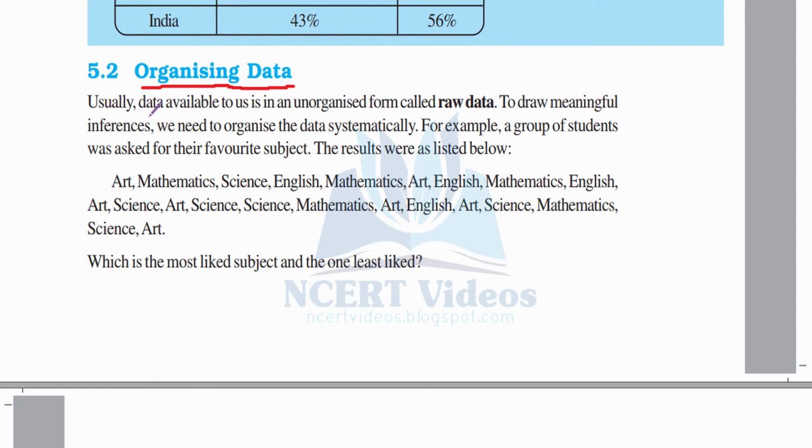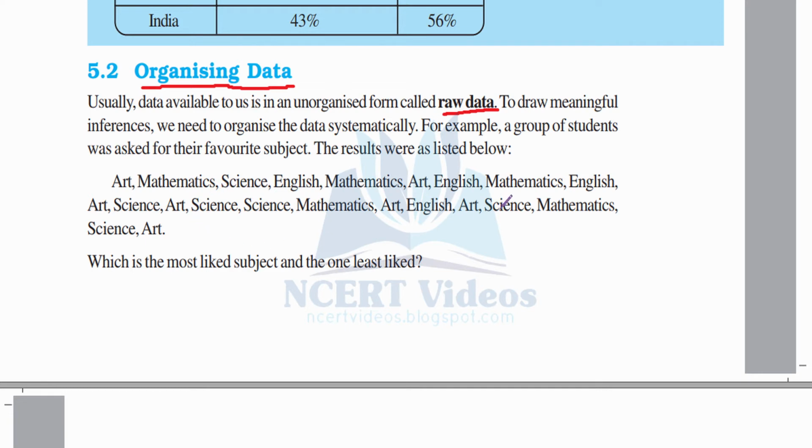It says that usually the data available to us is in an unorganized form called raw data. To draw meaningful inference or information, we need to organize the data systematically. For example, a group of students was asked for their favorite subject. The results were as listed below.